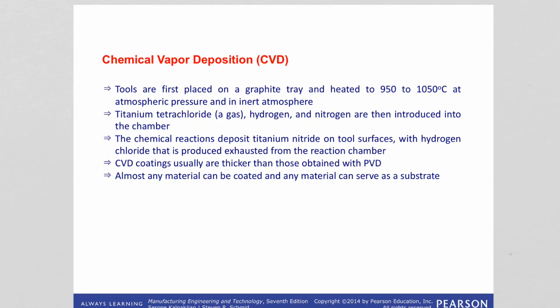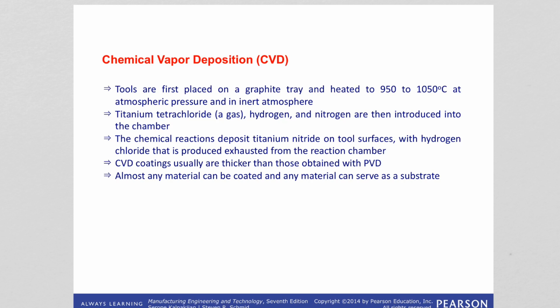In this case, cleaned tools ready to be coated are staged on pre-coated graphite work trays or shelves and loaded onto a central gas distribution column. We call it a tree. The tree, loaded with parts to be coated, is placed inside the CVD reactor.